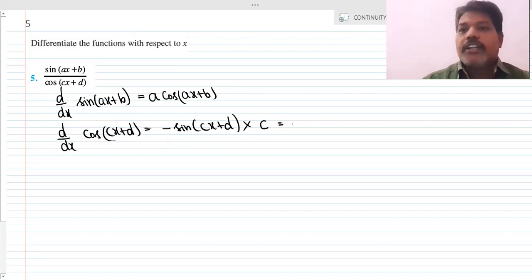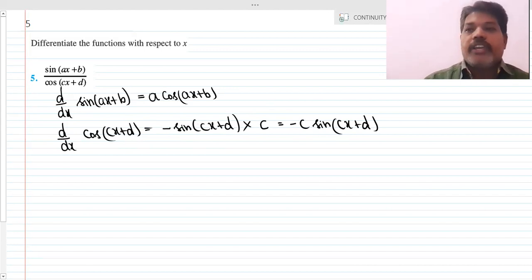So automatically it will become minus c into sine of cx plus d. So the derivative of sine of ax plus b is a into cos of ax plus b, and the derivative of cos of cx plus d is minus c into sine of cx plus d.